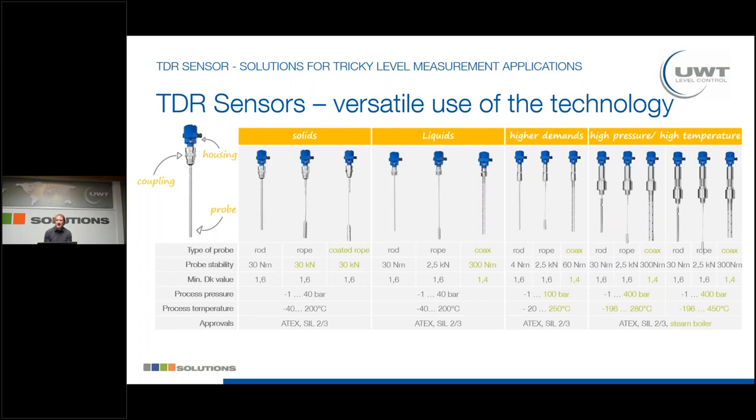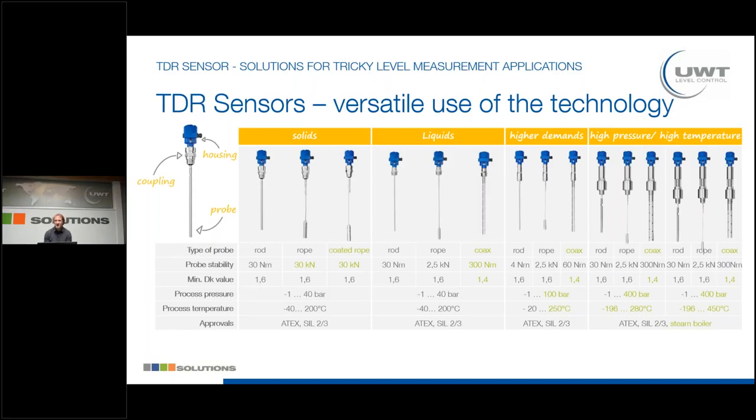And then we have two types of sensors for the higher demand. One is the middle class, I would say, up to 100 bar and 250 degrees. And on the right hand side, we have the very high class sensors made for high pressures, up to 400 bar, and very high and also very low temperatures.